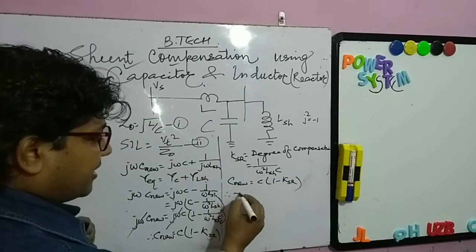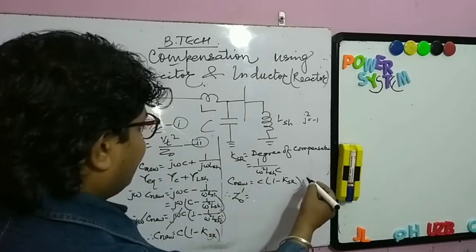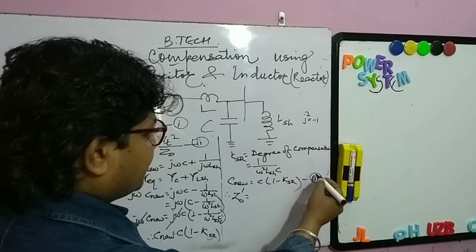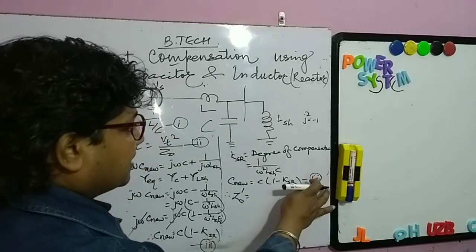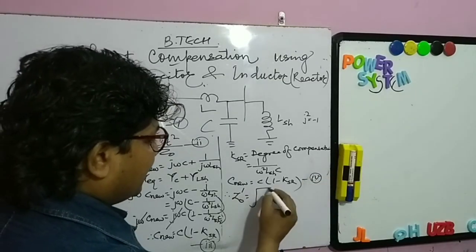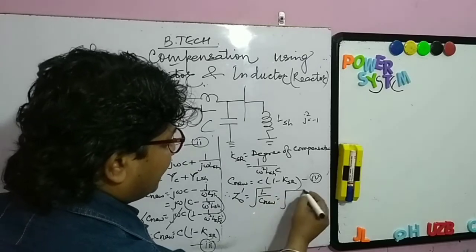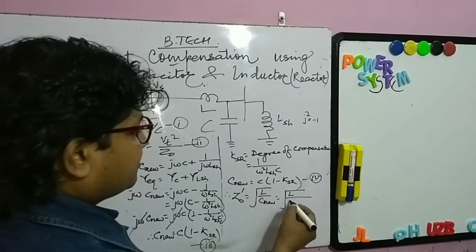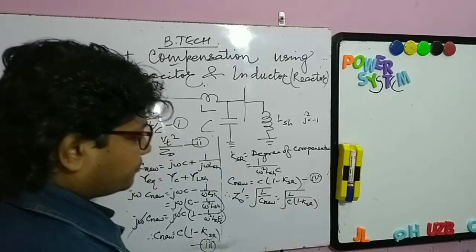So what we get as the new characteristic impedance, we can call this the third expression, and this we count as the fourth. Z0 dash is equal to the square root of L by C new. In place of C new we write C into 1 minus K_SR.